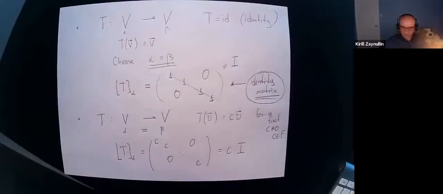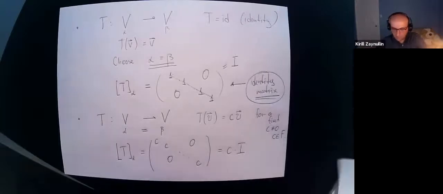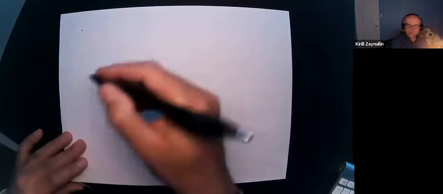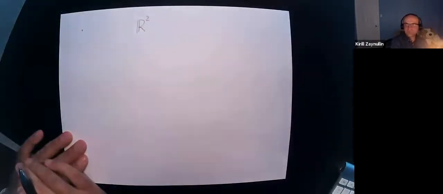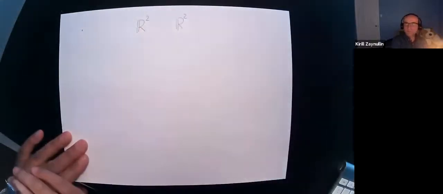Okay, now let me give a little bit more concrete example. So, let's look at the rotation. Now our vector space is just classical R2, and we have the same copy of R2.